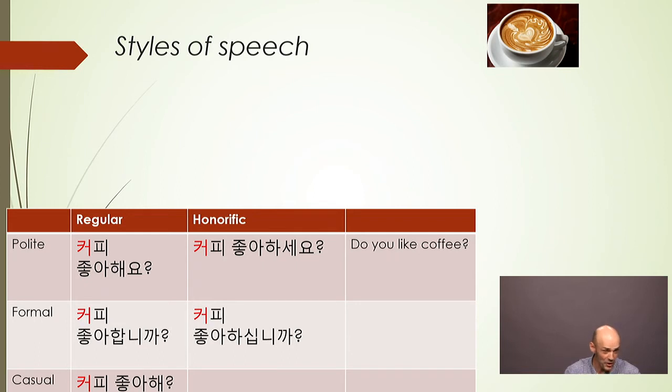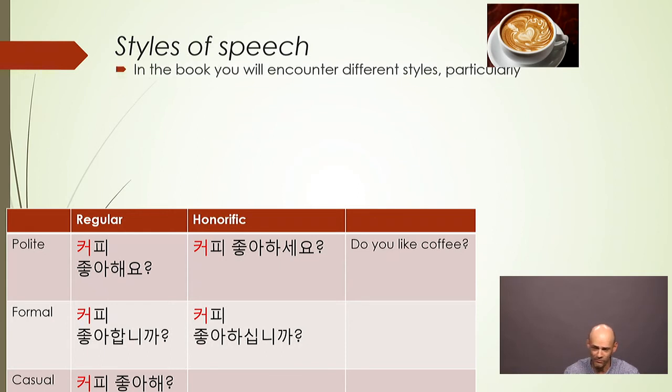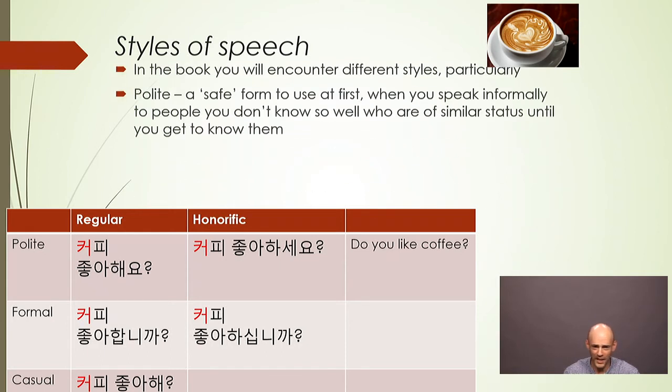Now, in the textbook, you're going to come across many different forms of many different styles. But you'll particularly see the polite form, for example, 커피 좋아해요? 네, 커피 좋아해요. Do you like coffee? Yes, I like coffee.